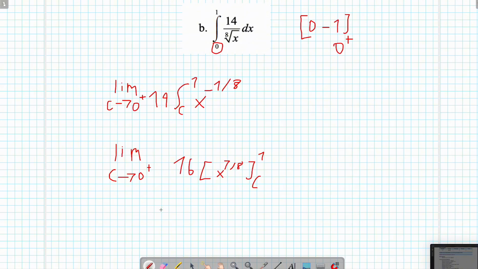Now you subtract and simplify. 1 to the power of 7 over 8 is 1, minus 0 plus to the power of 7 over 8, which is 0, because 0 plus is really close to 0. To the power of 7 over 8, it will just be 0. This is equal to 16.